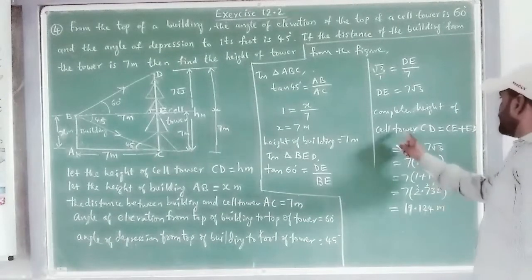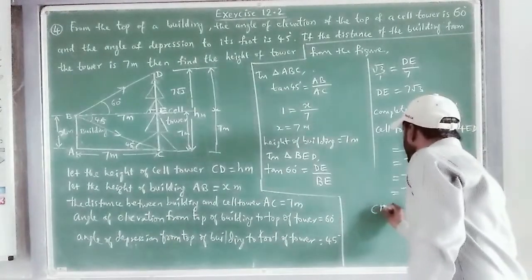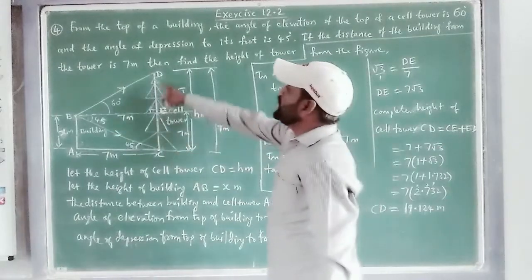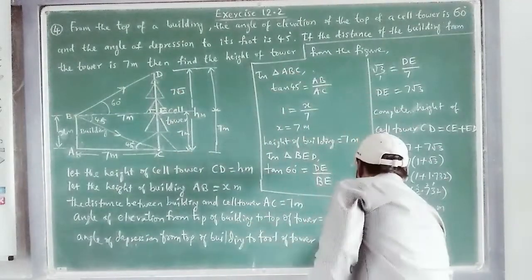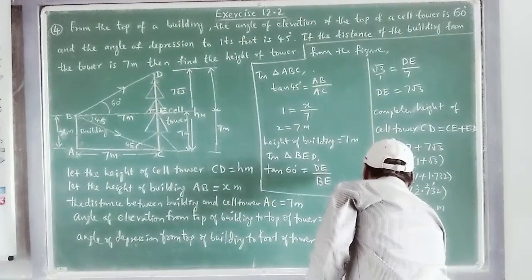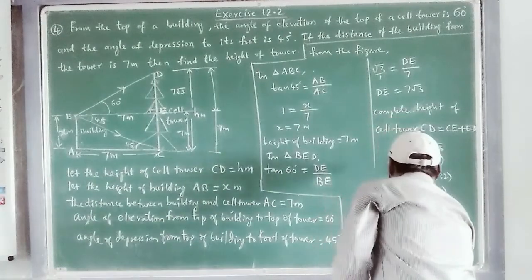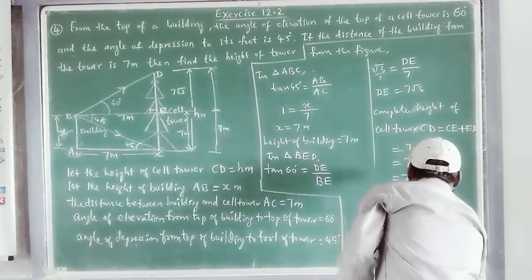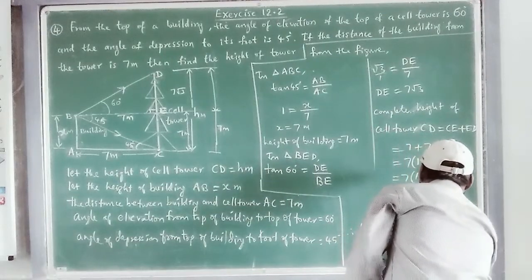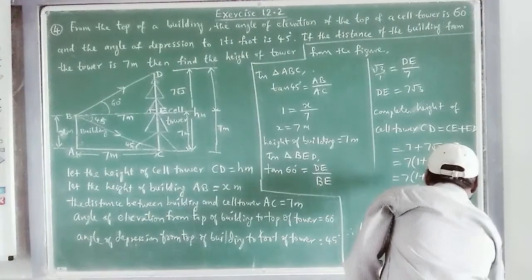So 19.124 meters, which is CD. CD is the complete height of the cell tower. Therefore, the height of the cell tower, which is required in this question, is 19.124 meters.